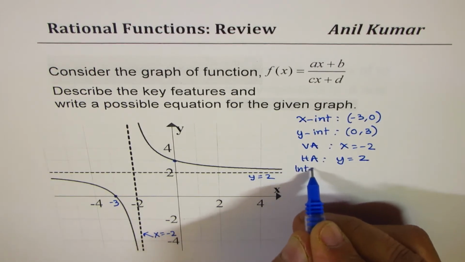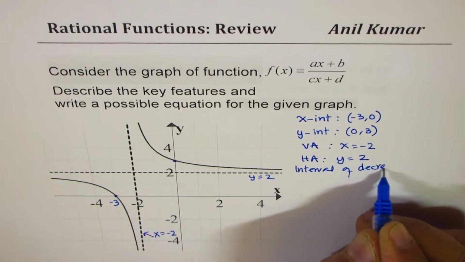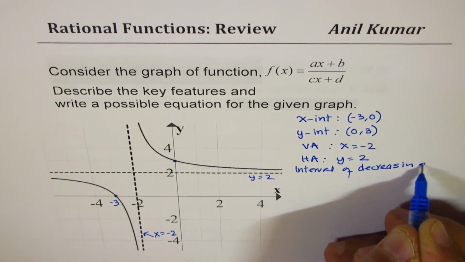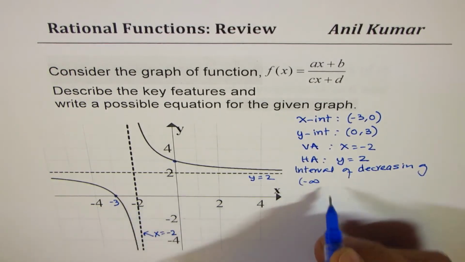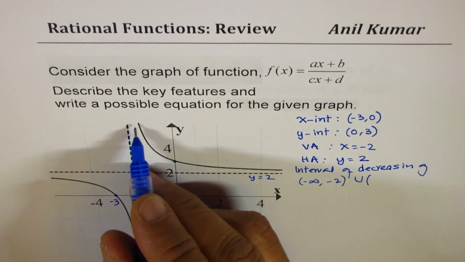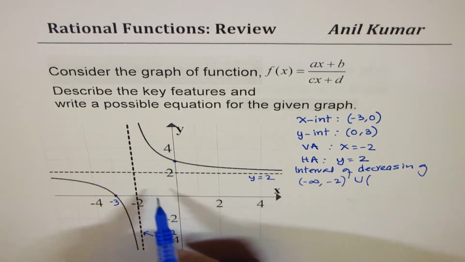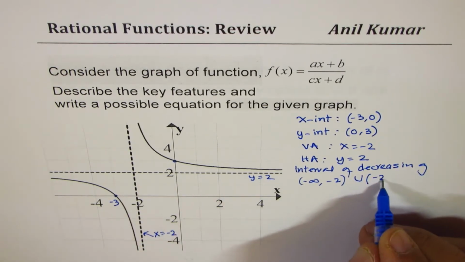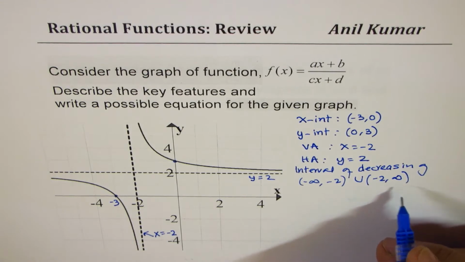We'll write interval of decreasing. Now this interval is from minus infinity to minus 2, and you should say union, to include, right? So from minus 2 to infinity. Minus 2 being a vertical asymptote should never be included.